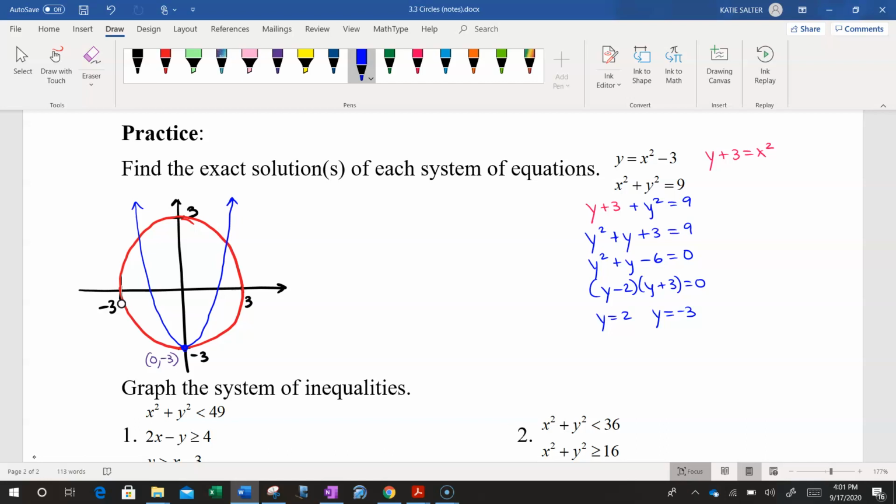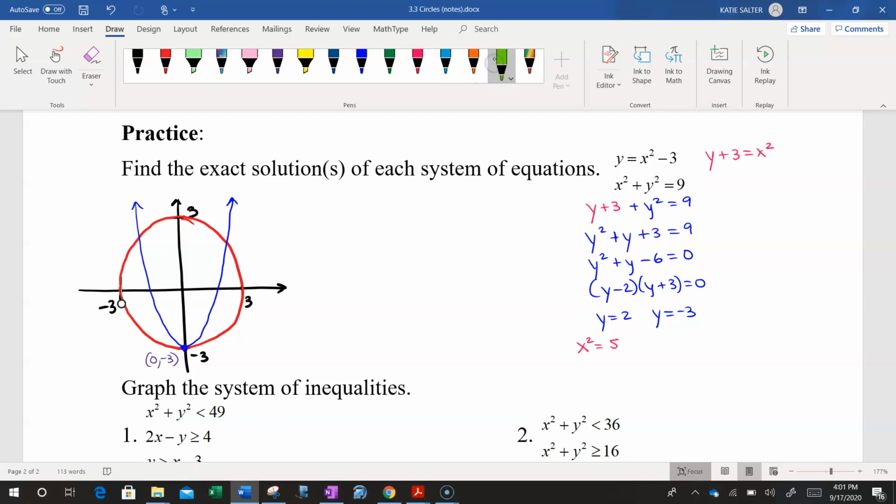Then once we know that, we need to substitute it back into one of our equations to figure out what x would be. Well, since we moved this around and we know that x squared is equal to y plus 3, we could use that fact. If x squared is equal to y plus 3, then when we substitute in, x squared equals 2 plus 3, which is 5.